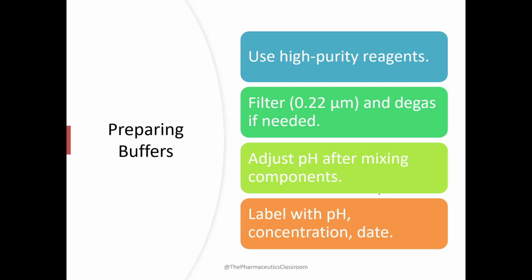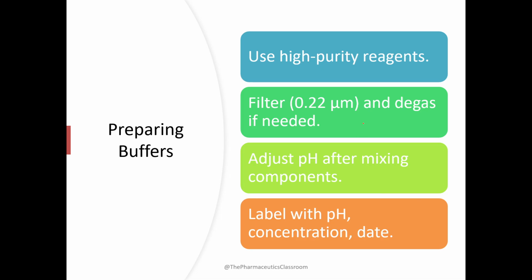How should we prepare buffers? We should take high purity HPLC grade salts, not general grade. After preparing buffers, we should filter and degas them. 0.22 micrometer is very good, but as per guidelines people recommend that 0.45 micrometer will also work.